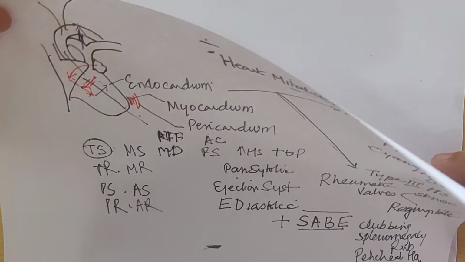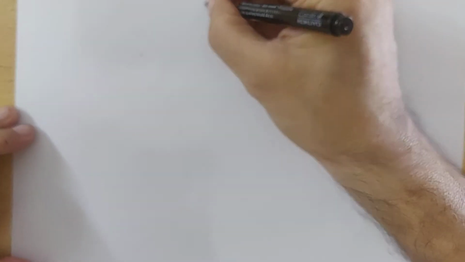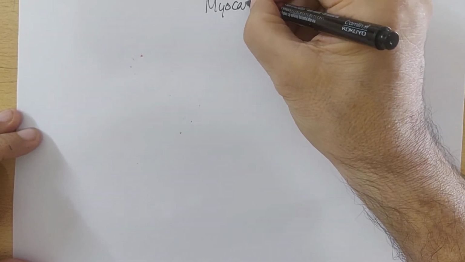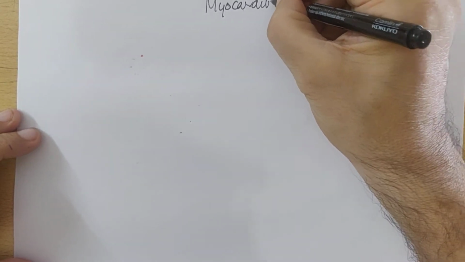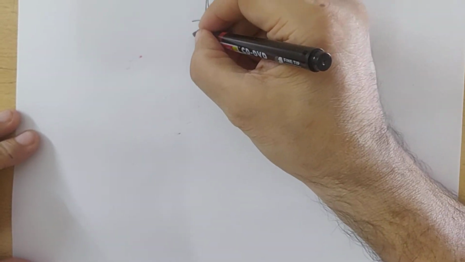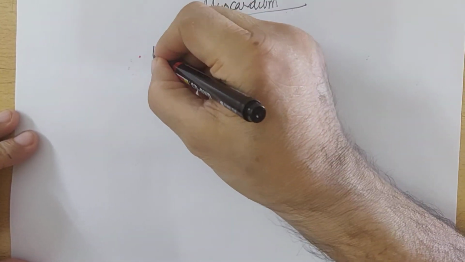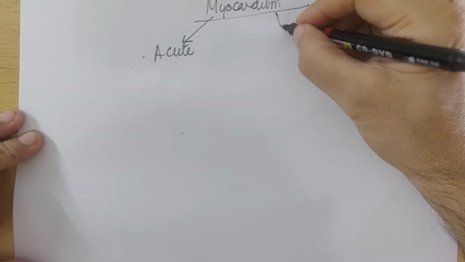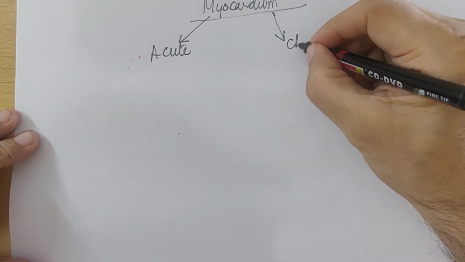So after finishing the endocardium, we go to the myocardium. The basic problem of the myocardium can be two: an acute problem and a chronic problem.